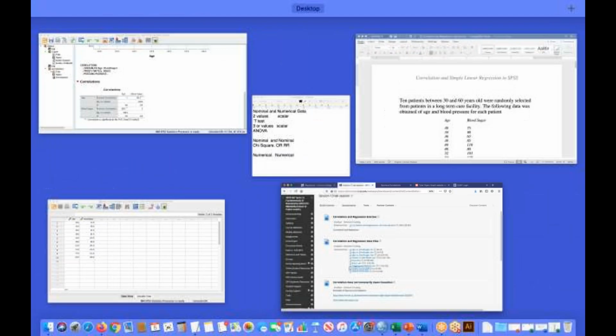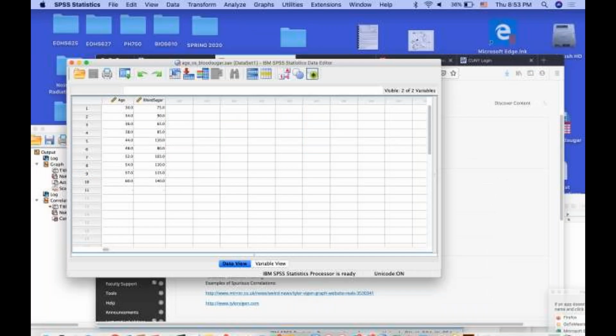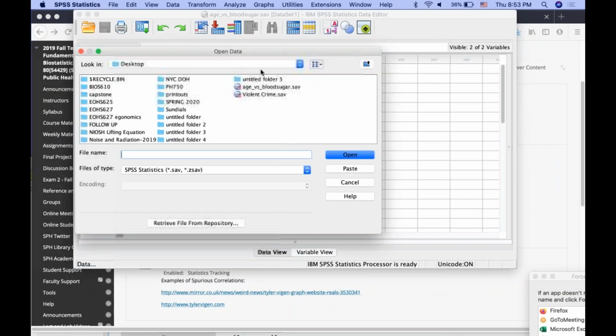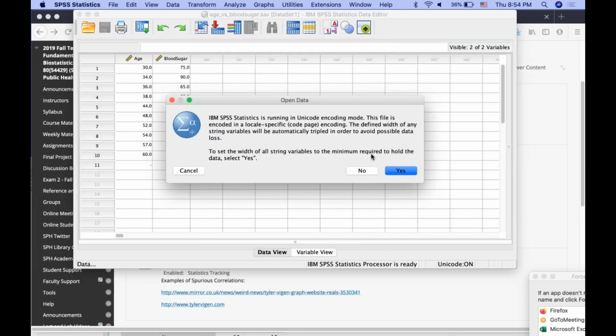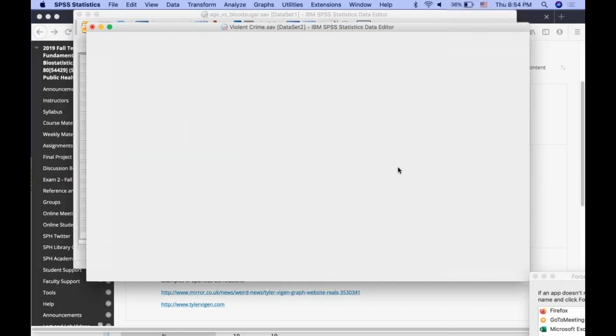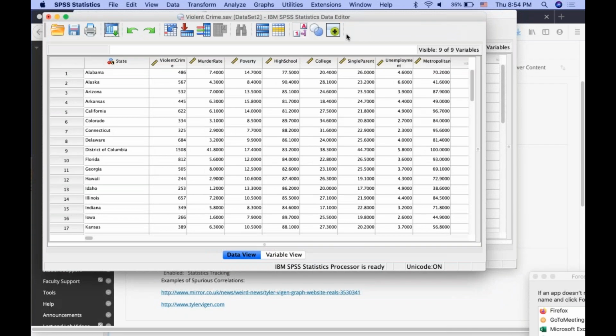Okay, and I go back to SPSS. Open data. And here's violent crime.sav. Open that. I can see it because it's a .sav file. If it were an Excel file, I wouldn't be able to see it unless I told it to look for other kinds of files, Excel files and so on.